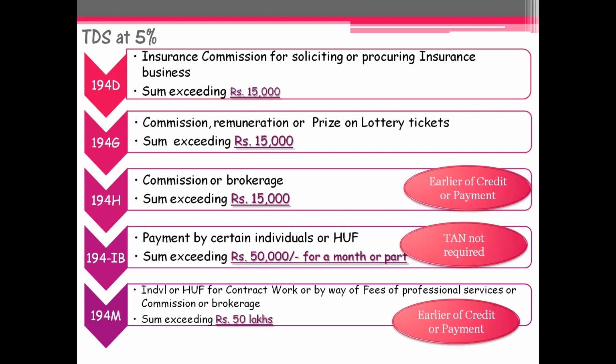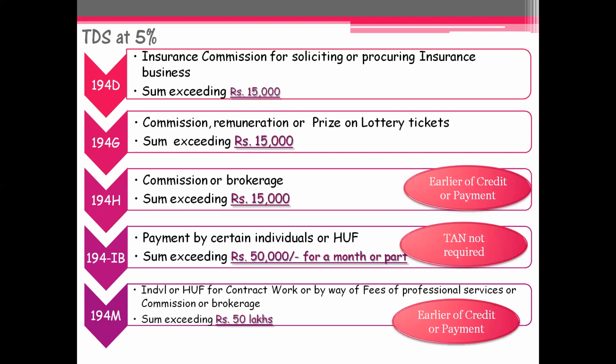However, in case of 194IB, we'll have to deduct tax even if there is no tax audit applicable. So if a company has a manager and is providing stay for its manager, and the payment of rent is more than 50,000 per month for his rental property, then we'll have to deduct TDS at 5% per month.